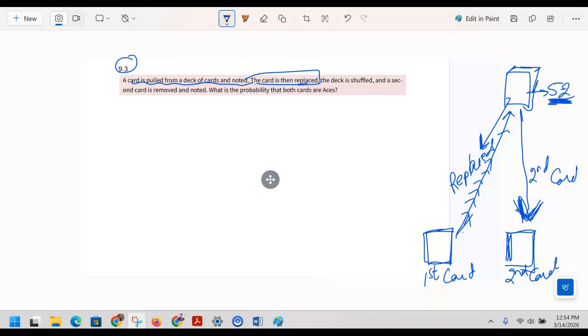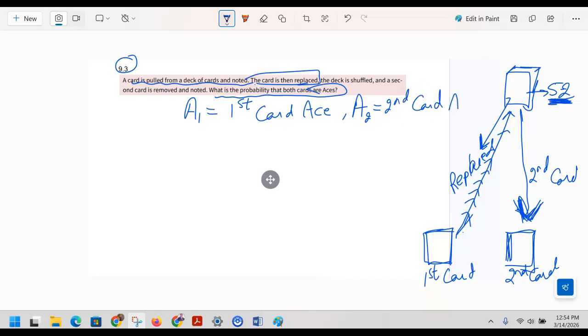Now, in this case, they also asked us what is the probability that both are aces. So let's call A1 the first card is ace, and A2 the second card is ace. And what we wanted is both are aces.